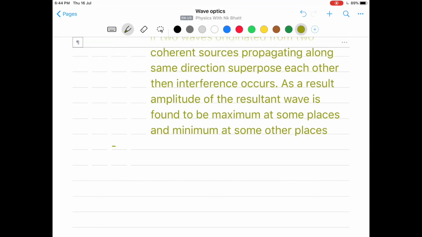Interference is of two types: constructive and destructive.